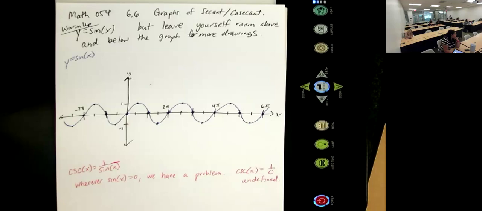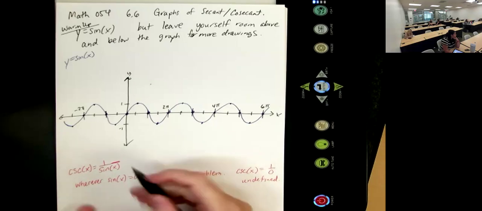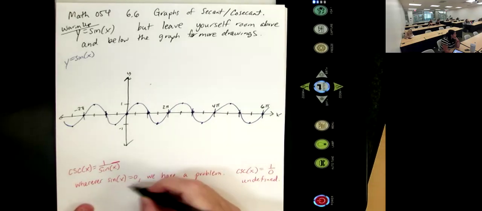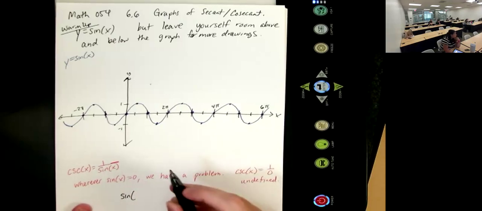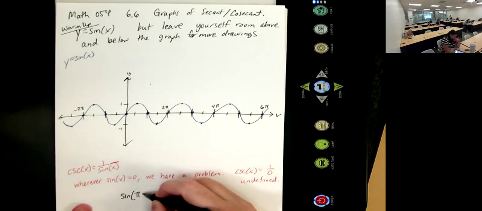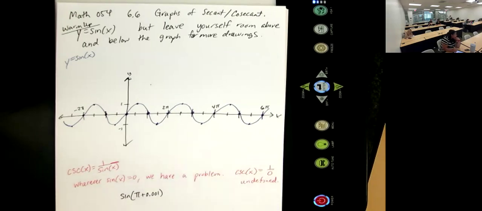So when sine is pi, sine is 0, sine of 2 pi. Let's think about sine of pi plus 0.001. What does that equal?